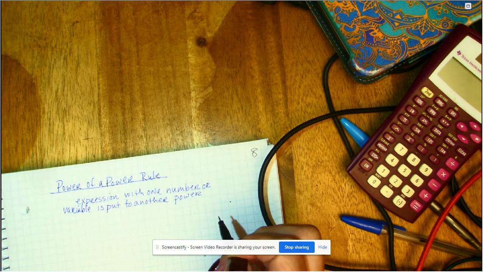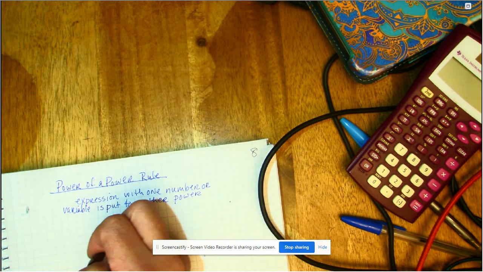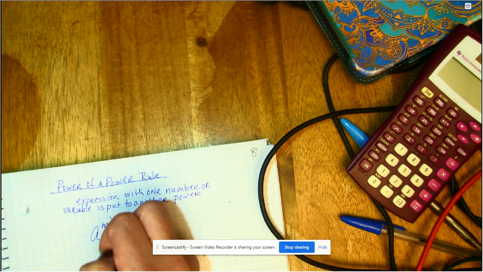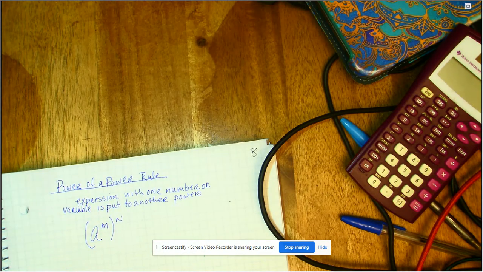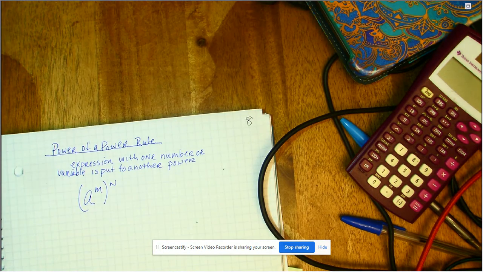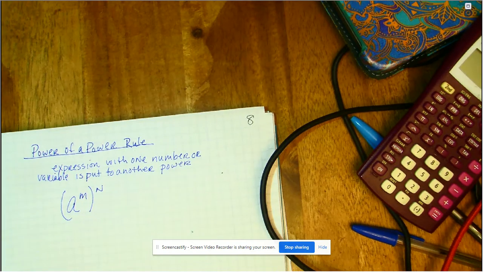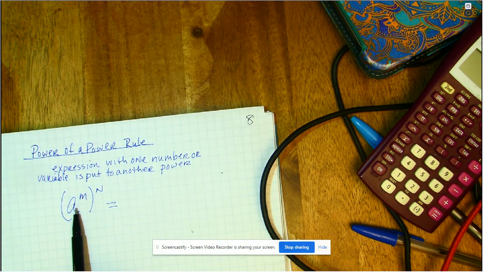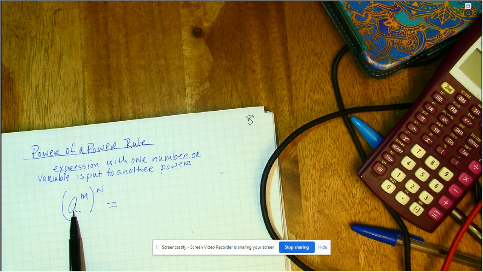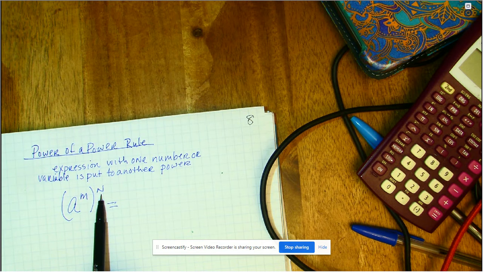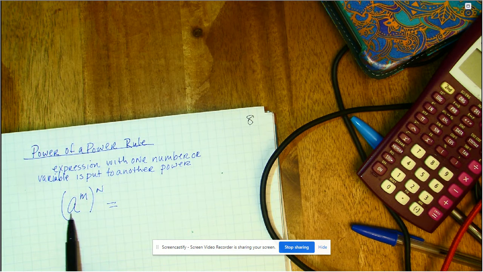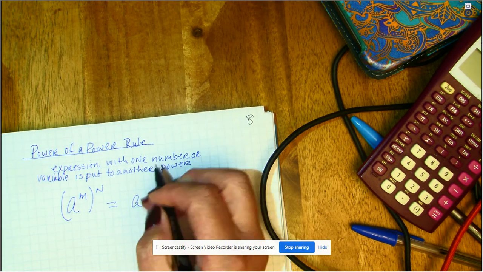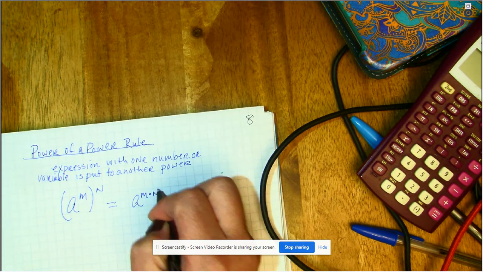Symbolically, that would be a to the m to the n. What do we do in that case? We already know that m tells us how many times to multiply a by itself. N is how many times we're asked to multiply a to the m by itself. So the way we represent that is m times n.